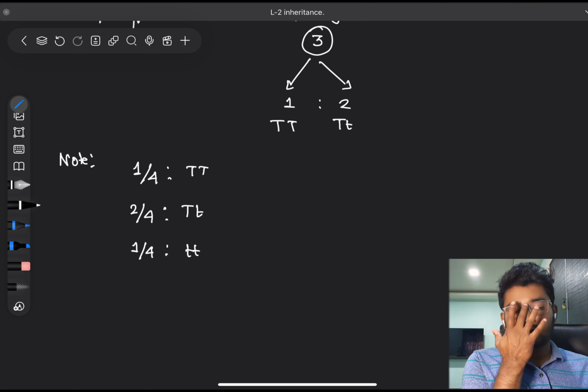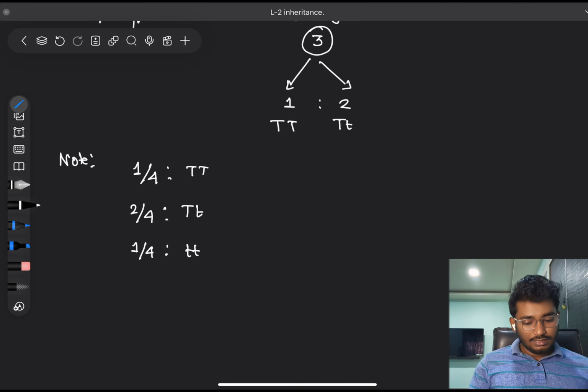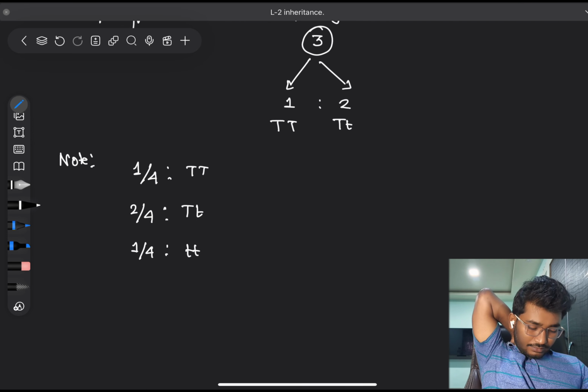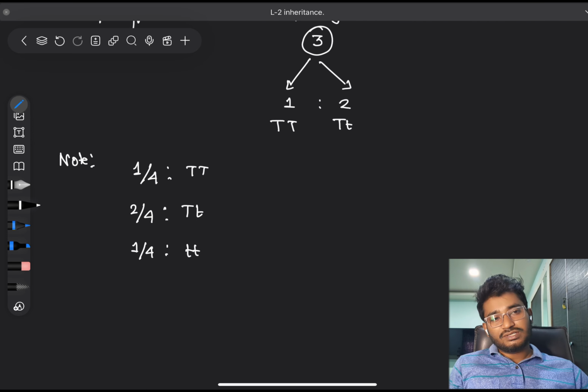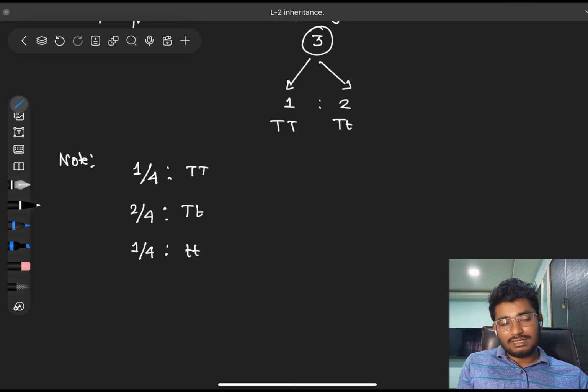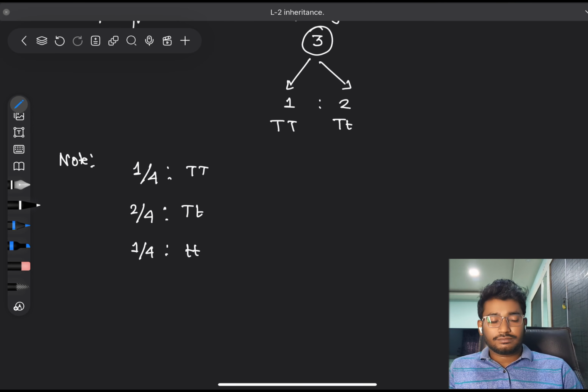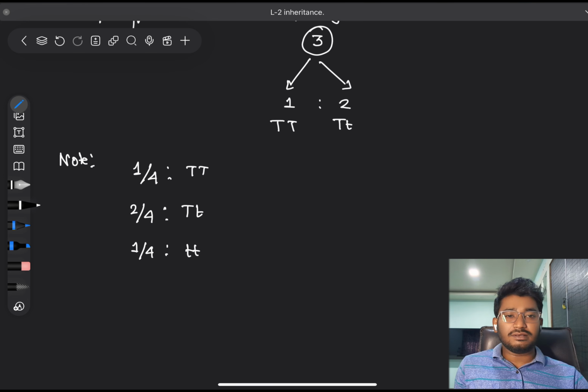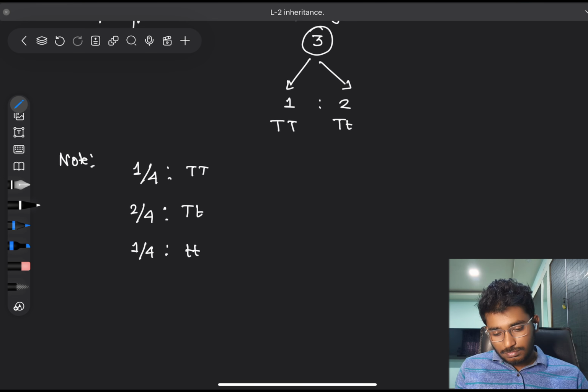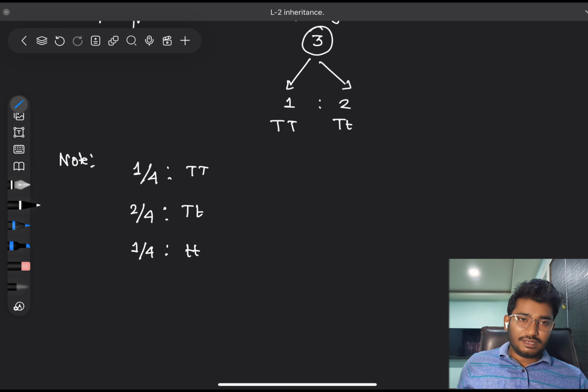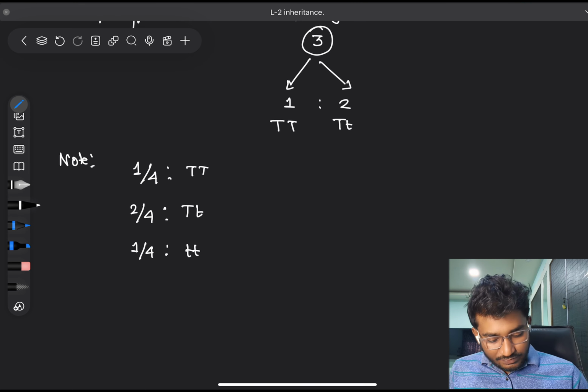So what you get to know from here, shall I need to write again? The Punnett square, I think it's not required right now because you already have it. Okay. In the next part we come to it. Now I am drawing, because if I don't draw here you will get confused later.